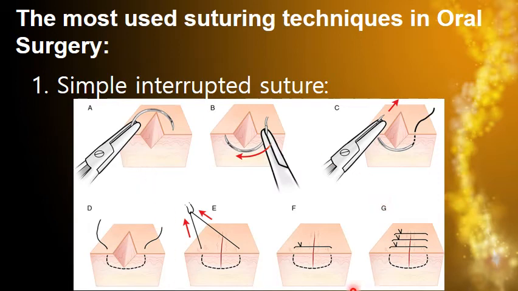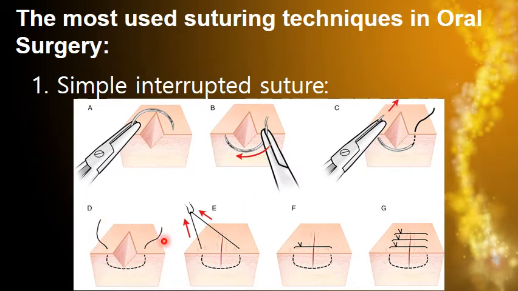How will I do the simple interrupted suture? As I said, I will enter the mucosa 3 millimeter away from the incision line in a perpendicular fashion. Then I will turn the needle according to its curvature. It will emerge from the other side of the incision and continue with the curvature of the needle.